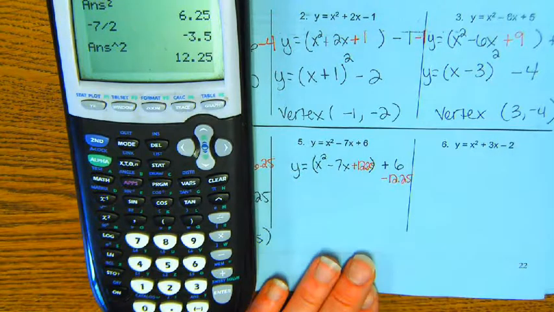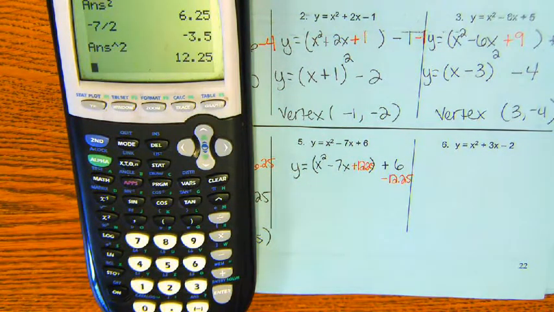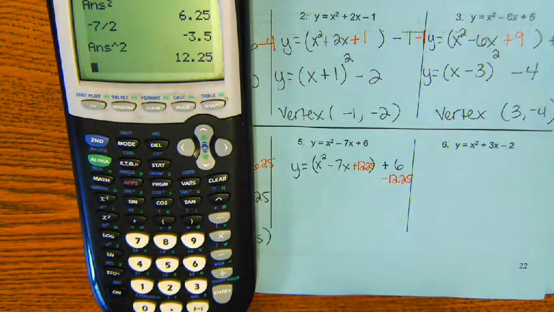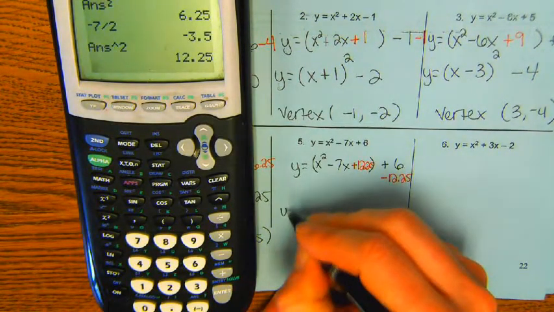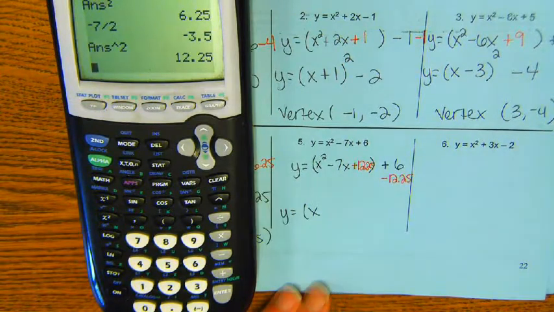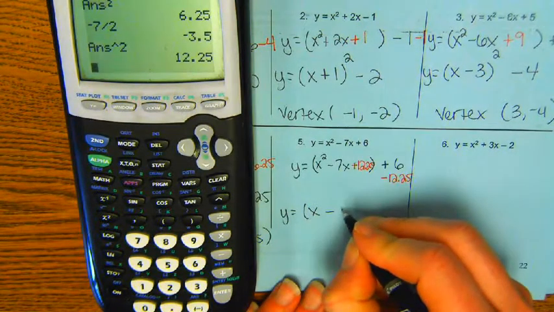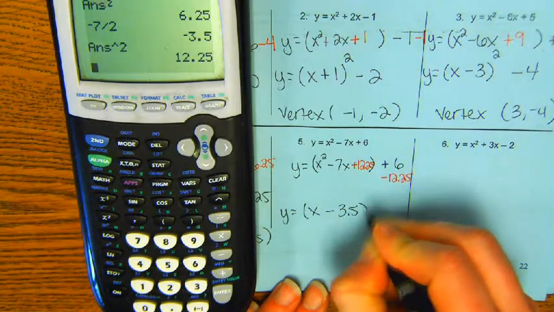Okay. Now I can factor it. And so how would I factor x squared minus 7x plus 12.25? Yep. Because when I took half, it was negative. Okay, so x minus, nice, 3.5 squared.